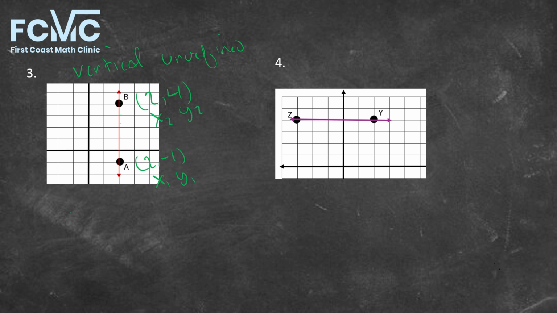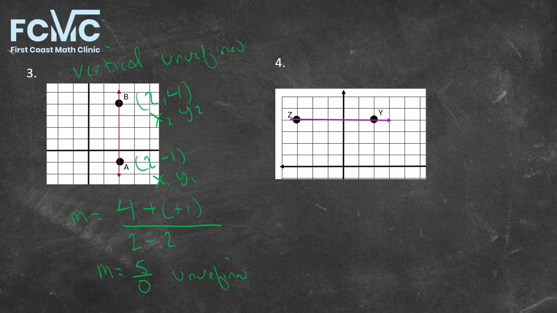Let's find our slope. We want the difference in the y values, so we're going to do y2 minus y1 over x2 minus x1. Using our subtraction rule, 4 minus -1 becomes 4 plus 1, and we're going to get 5 over 0. We can't have 5 of nothing, so this is going to be undefined. All right, so our check of that works.